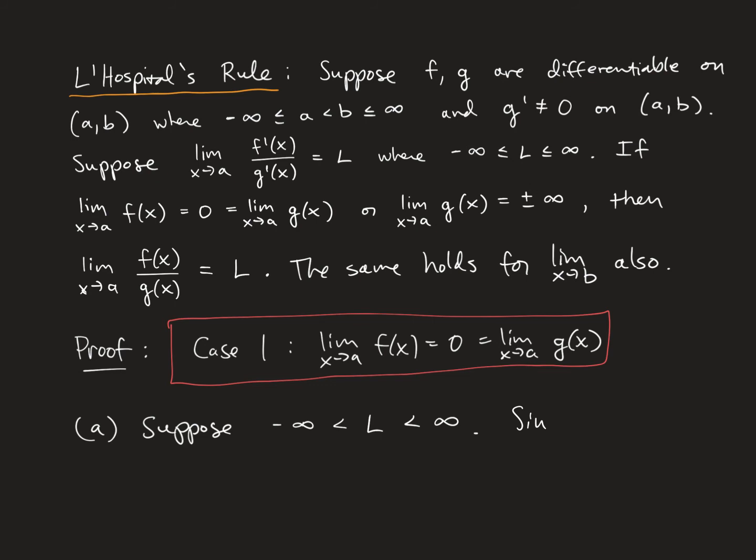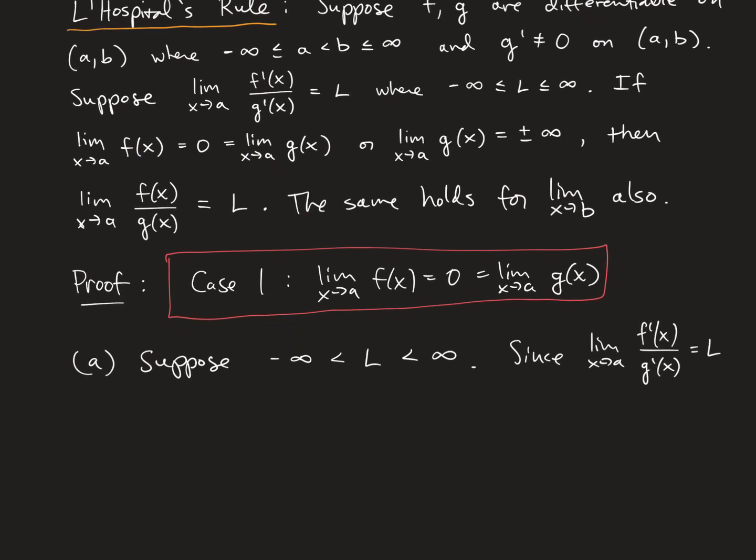So since the limit as x approaches a, so we're just going to start with what we know. So we have this limit. What that means is that once we're close enough to a, the difference between this quantity and L is less than any given epsilon.